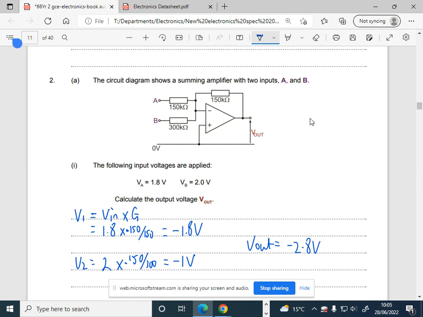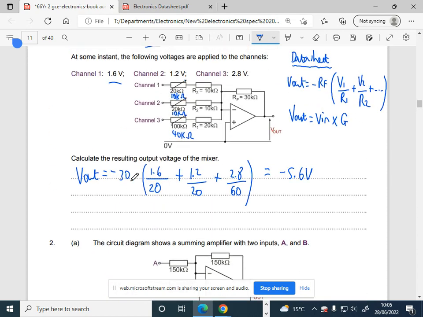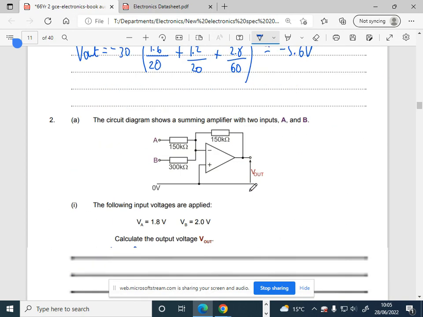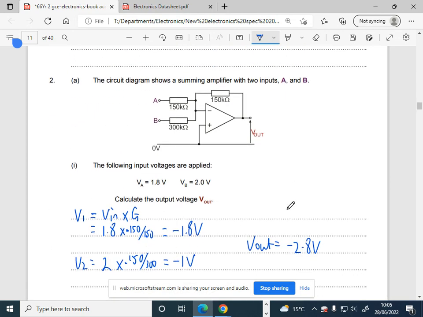That's the other way to do it. So you can just do that and add the two at the end, or you can stick it all in one big long equation. I actually prefer, as I say, the second one. I prefer this method, but it's entirely up to you, however you want to do it. So that's basically just gain, V out equals V in times gain.